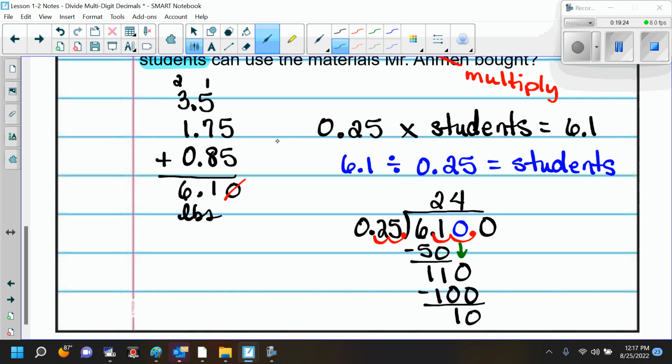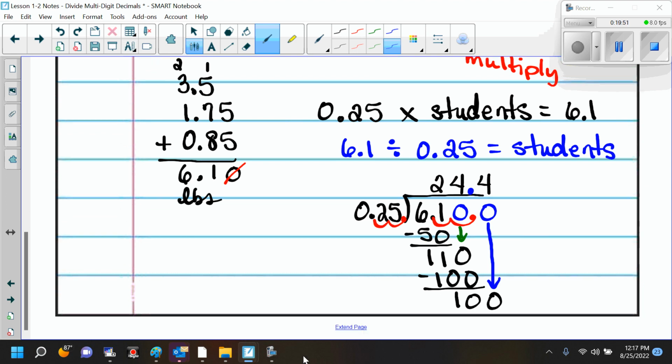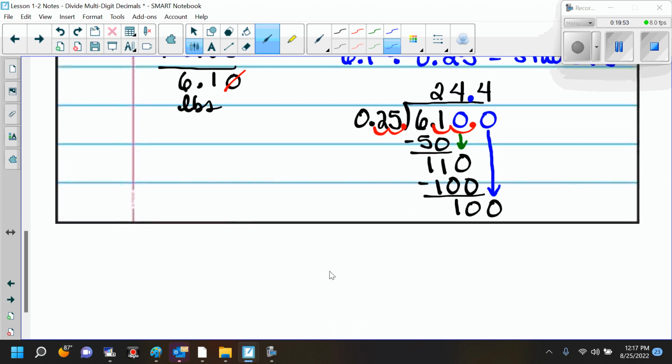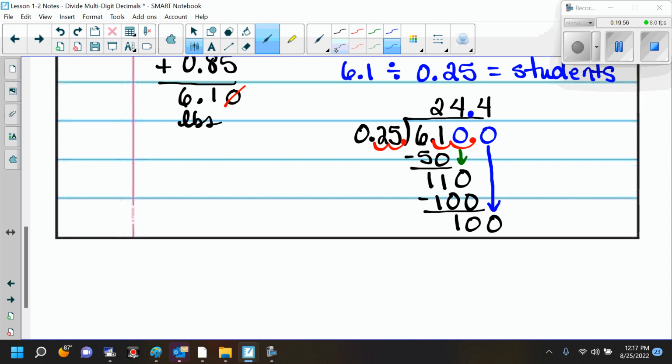So we're going to annex another 0 and bring that down. Now 25 goes into 100 4 times. Oh, I apologize. Forgot, when you move the decimal over here, you got to bring the decimal straight up. So now, let me just finish this problem. So 4 times 25 is 100. And now we have a 0 remainder.